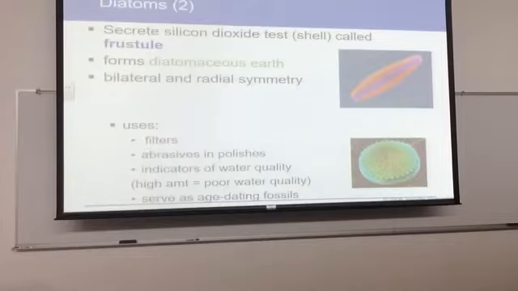Water quality testers. And you can also use diatoms to date fossils. We can use them because they are living organisms. We can look at their molecular clock and tell how old they are. So we can use them if we're studying geology, not geography.